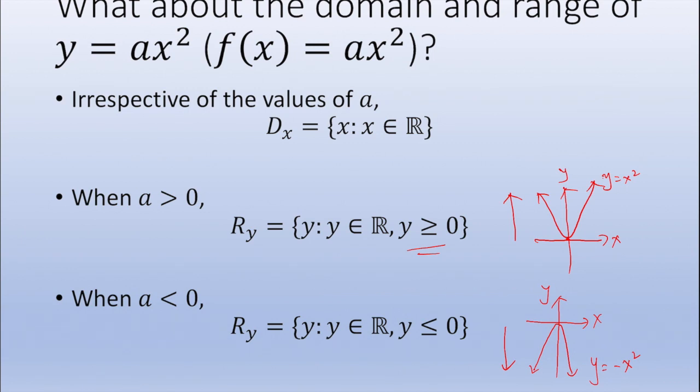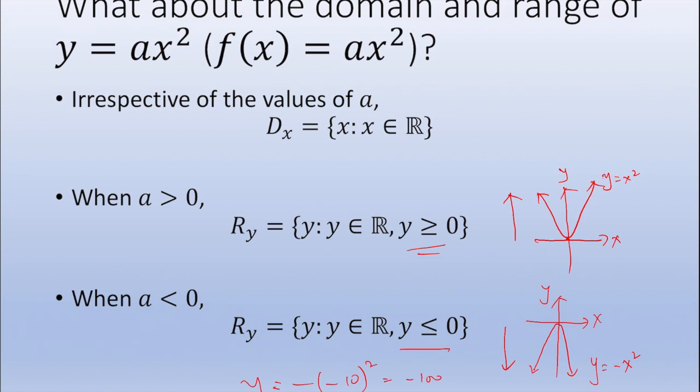The basic reason is if you've got minus 10, minus 10 squared is actually 100, so y equals minus 10 squared is minus 100. So you can see that y is actually below 0.